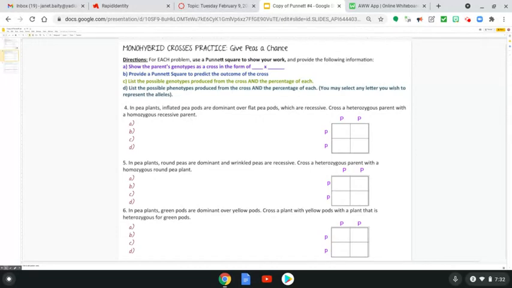You want to use I, you want to use P, I don't care. Let's use I just so I can show you how to change it. So we're crossing a heterozygous parent with a homozygous parent.